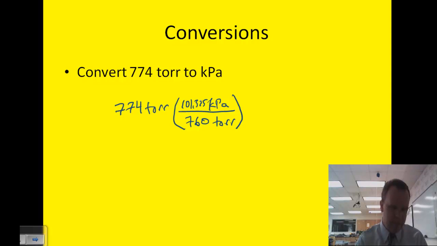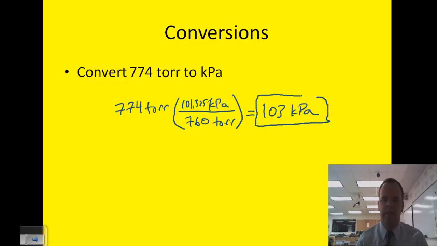So 774 times 101.325, and then that divided by 760, we get 103 kilopascals. 3 significant figures because that's what we started with in our original number.